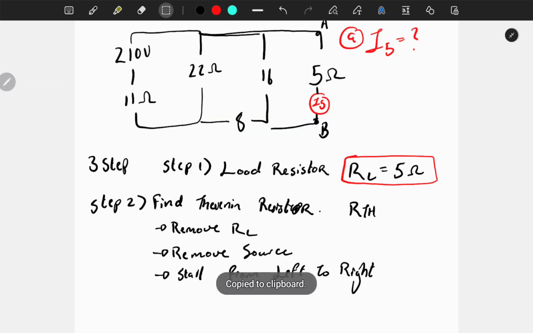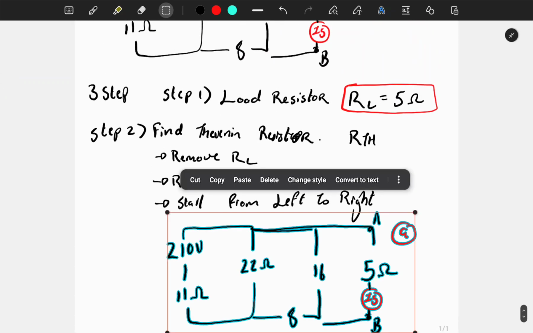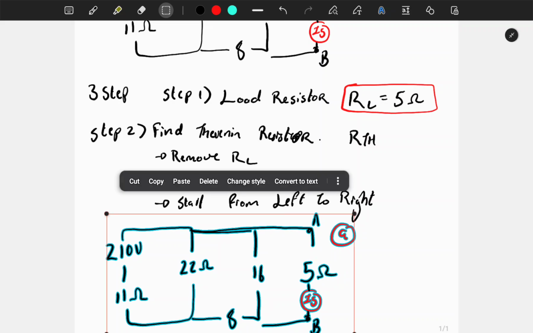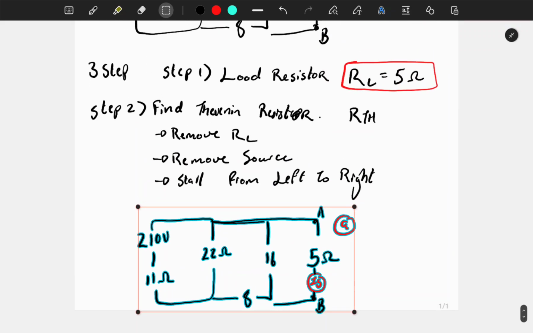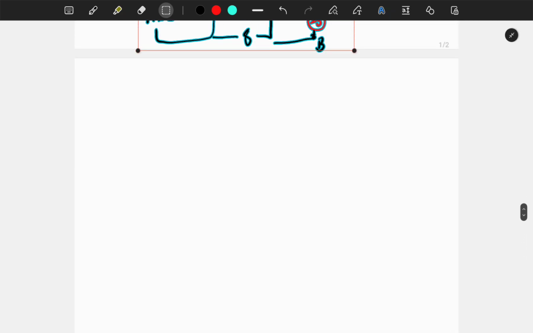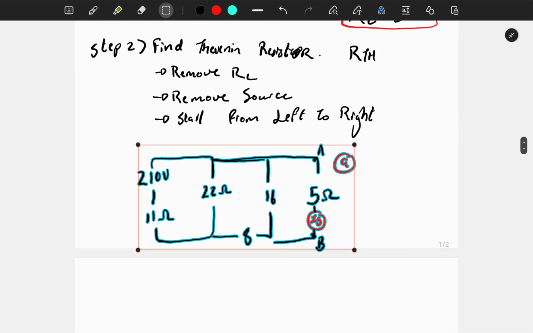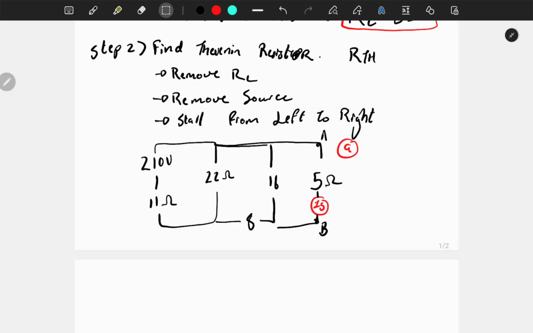copy, paste. So now we're going to follow step number 2. So step number 2 says we're going to remove the source, the load resistor.